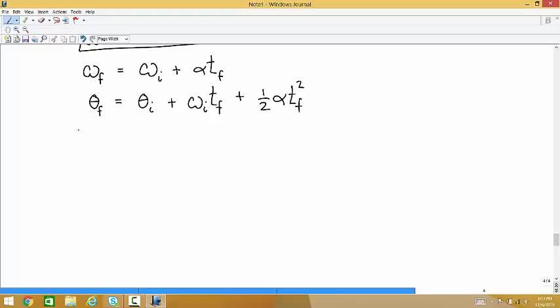And then the last one says 2 times alpha times the quantity theta final minus theta initial is equal to omega final squared minus omega initial squared.